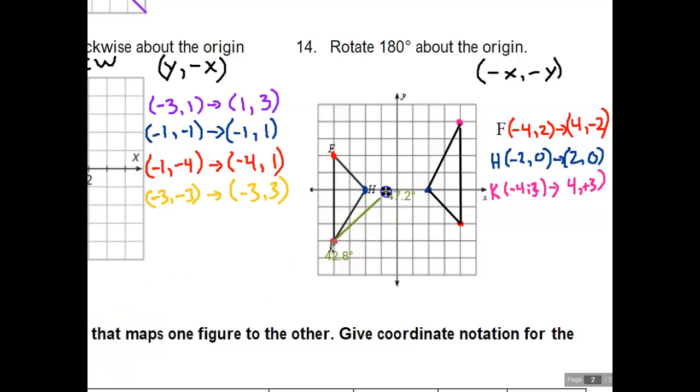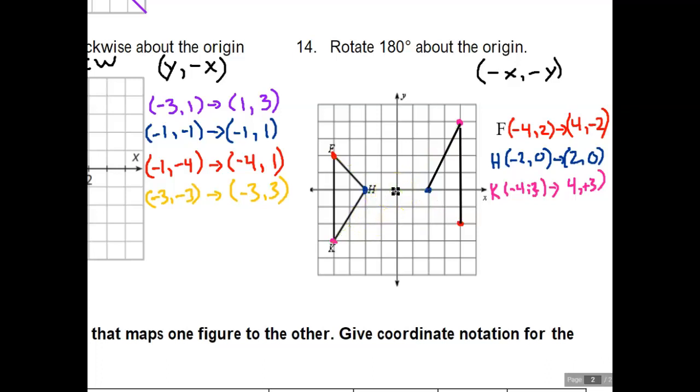One way to figure out if your rotation is correct as well is, when you connect everything, you'll notice they basically all go through the same spot right here. So the fact that these are all right about the origin means we're in good shape here. So I think I might have made this one a little bit big because it should go through that origin.